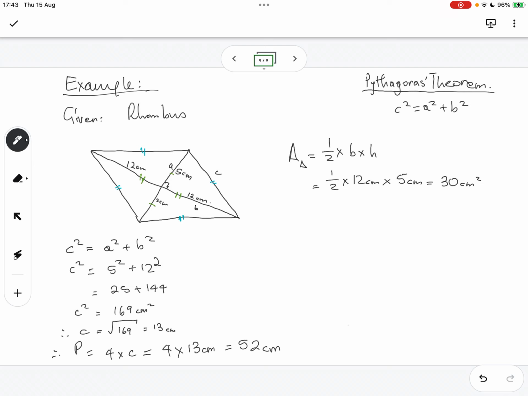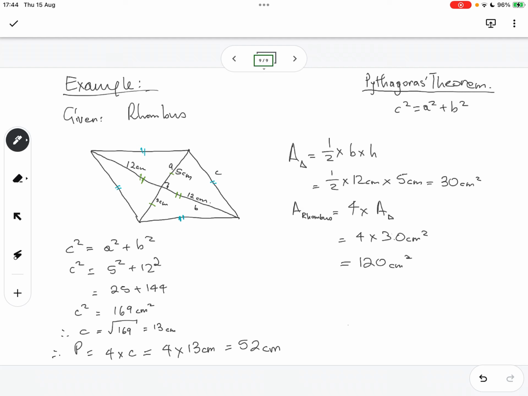But now, because each of these triangles are equal, the area of the rhombus would be 4 times the area of the triangle, which is 4 times 30, not 120, which is 120 square centimeters.